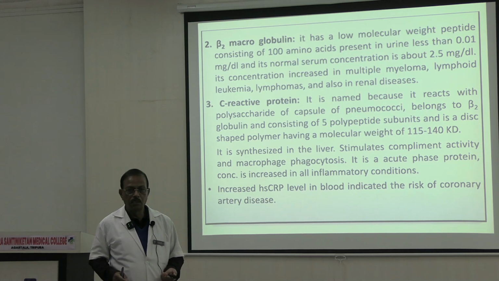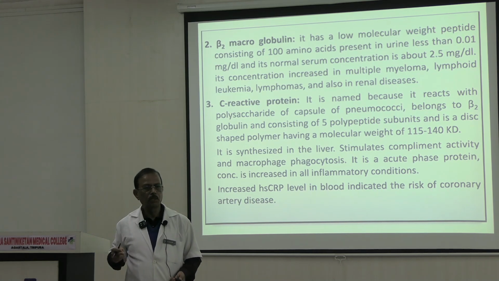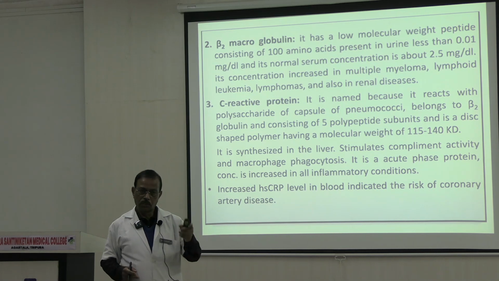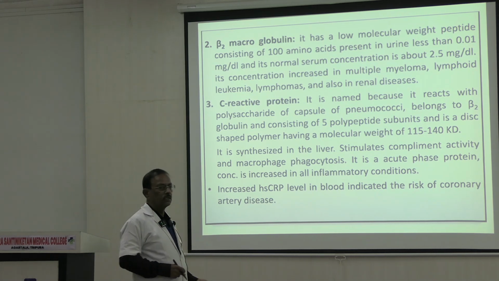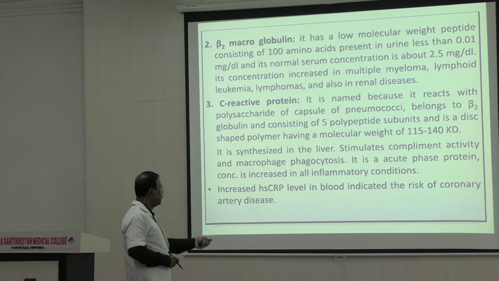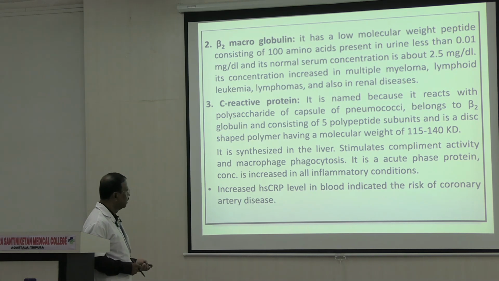Surgery is also an inflammatory condition. Surgery is injury. We are cutting for the betterment of the patient, but we are injuring the tissue. So there will be inflammation, and that inflammation will cause a rise in the C-reactive protein. The hs-CRP level in blood indicates the risk of coronary artery disease.